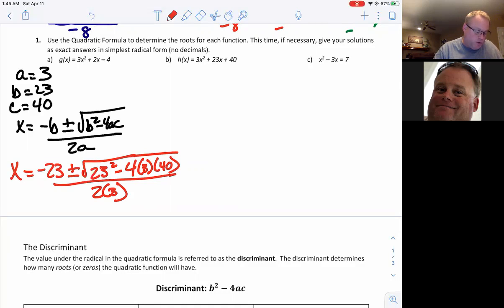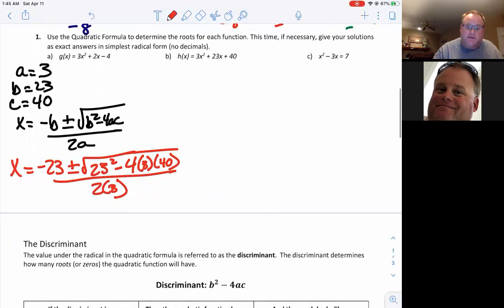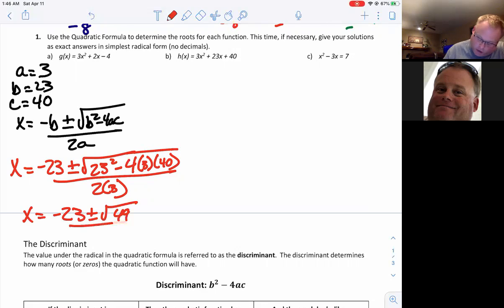23 squared minus 4 times 3, right? Times 40, and that gives me 49. So this is x equals negative 23 plus or minus the square root of 49 all over 6.